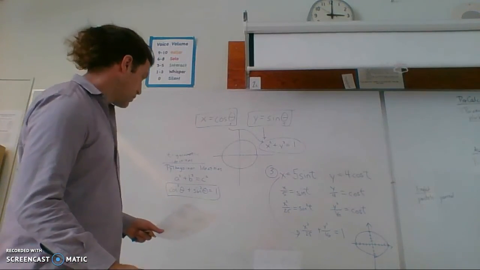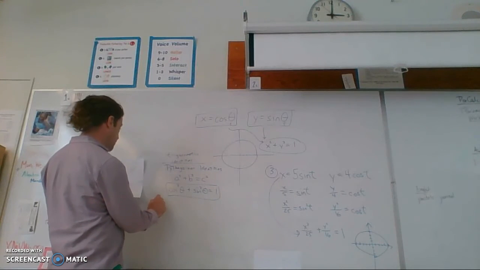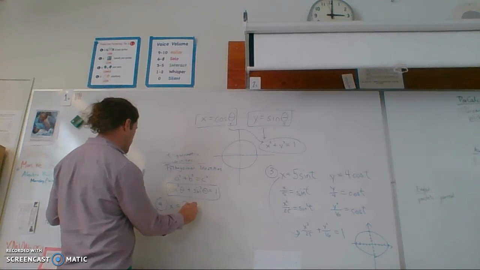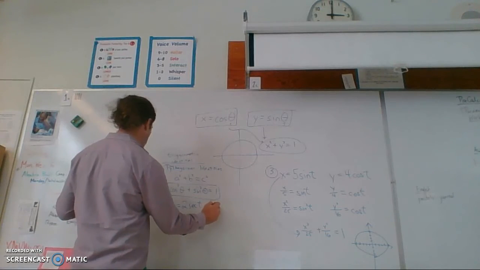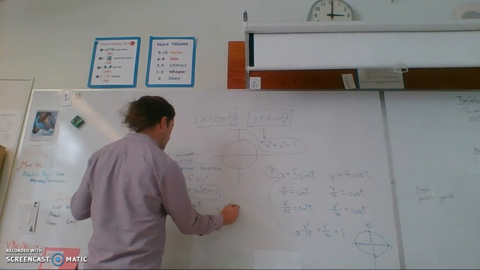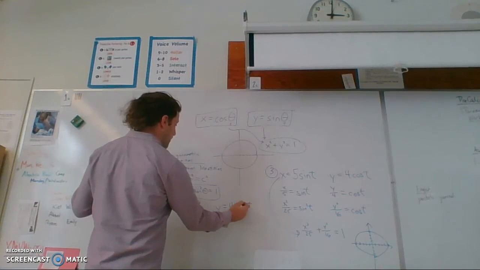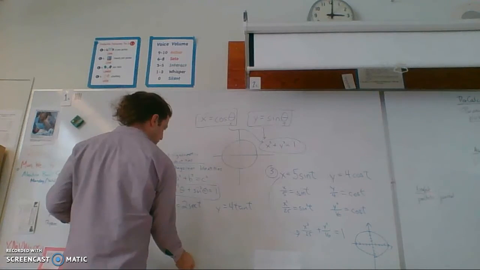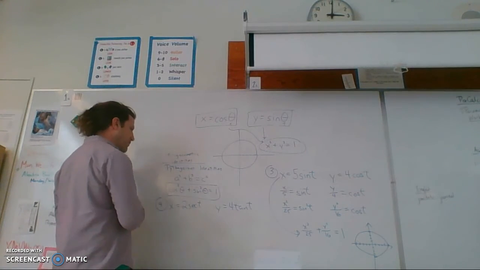Let's try one more. We got number 4. x equals 2 secant t. y equals 4 tan t. All right, so secant, tan, that's going to be a Pythagorean version of this identity.